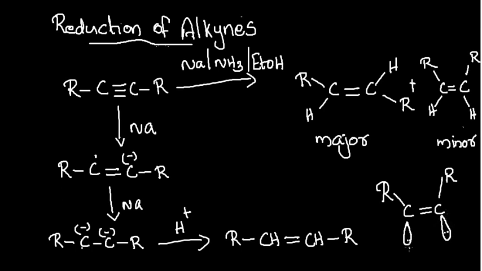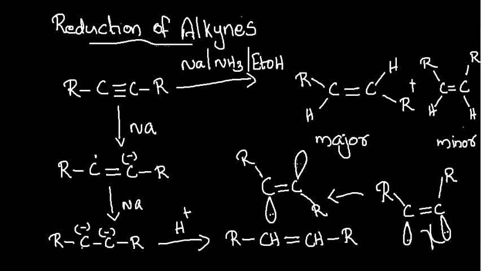So here there will be electron repulsion and it will be less stable. So it will easily be converted into trans geometry, that is R–C=C–R, with a pair of electrons here and a pair of electrons there.